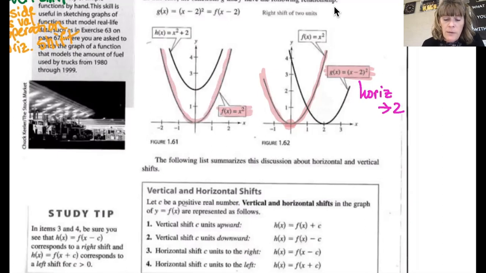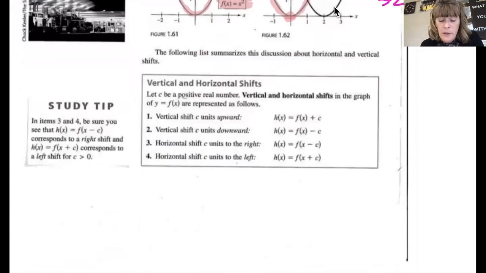All right, and then here you have your base. Your base is y equals x squared, so that's right here. But this time you see that that plus 2 is on the outside of the square. That is a vertical shift. And it's plus 2 and it went up 2, so it goes in the same direction. Okay, and here's a list of all of that.